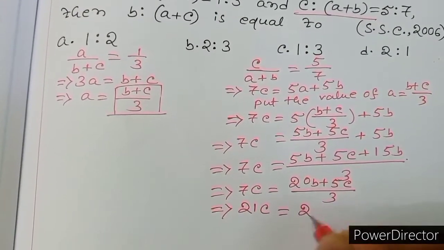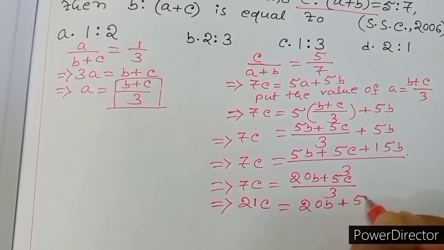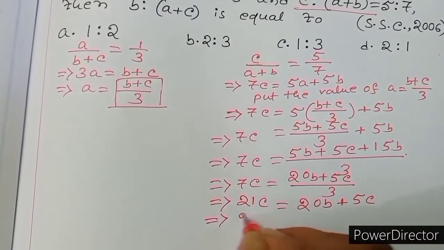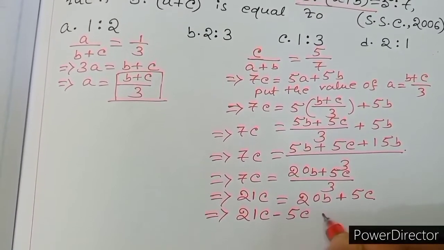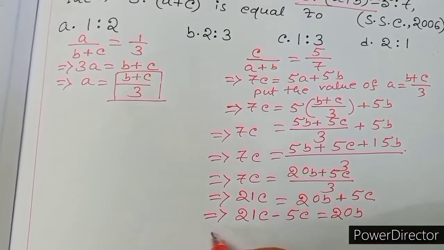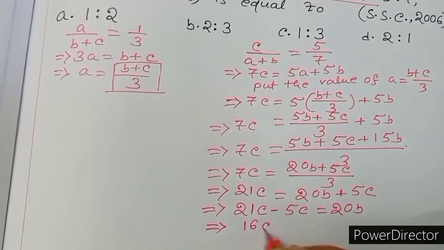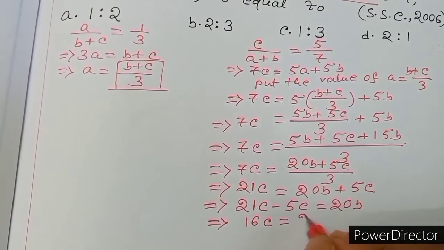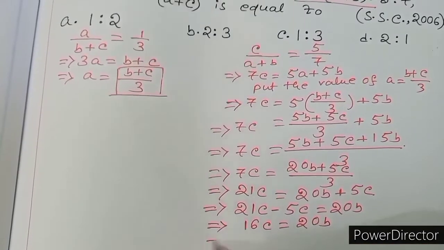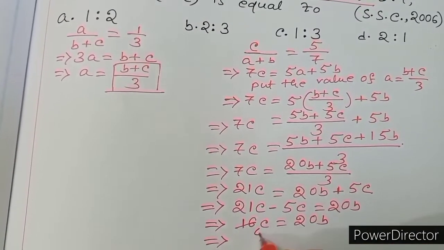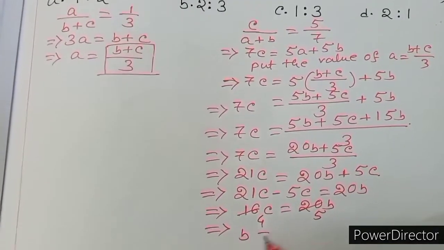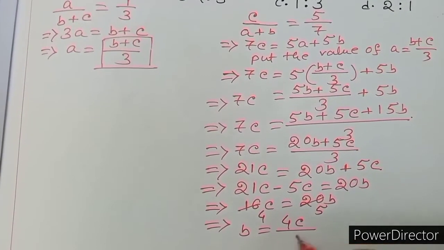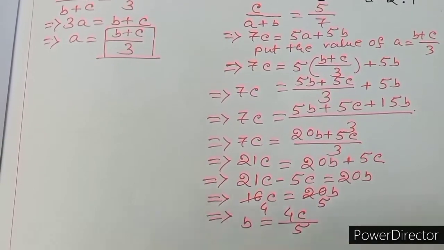So 21C equal to 20B plus 5C. Now 21C minus 5C equal to 20B, 16C equal to 20B, so B equal to 4C by 5.